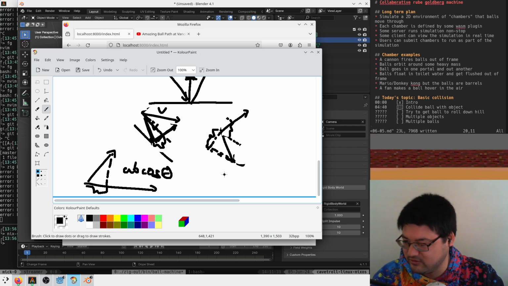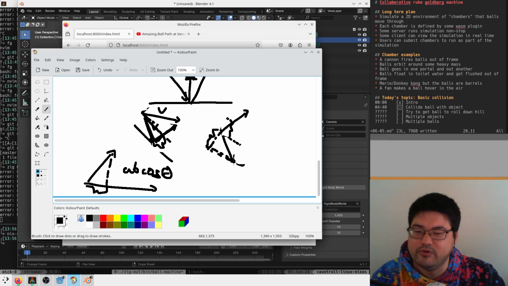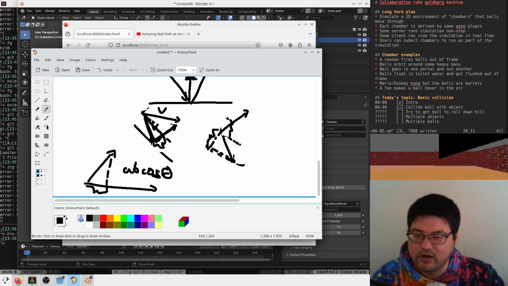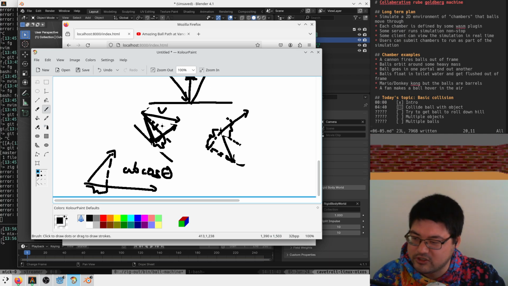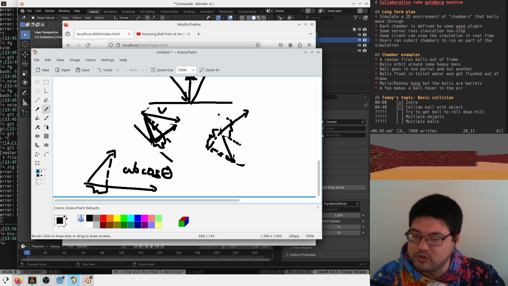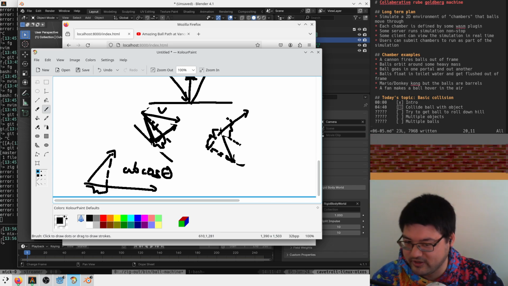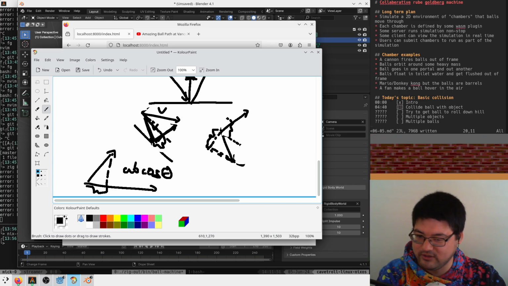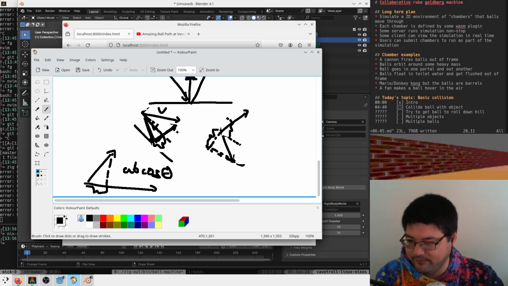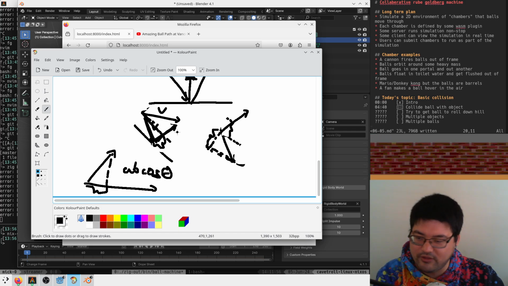But I don't think we really need the angles here. If we just take this projection, we're going to have some distance along the normal vector. And I think we can just adjust our initial velocity by 2 times this projection onto the normal vector. That's my guess. We'll see if that looks terrible. But I think that's where I want to start.